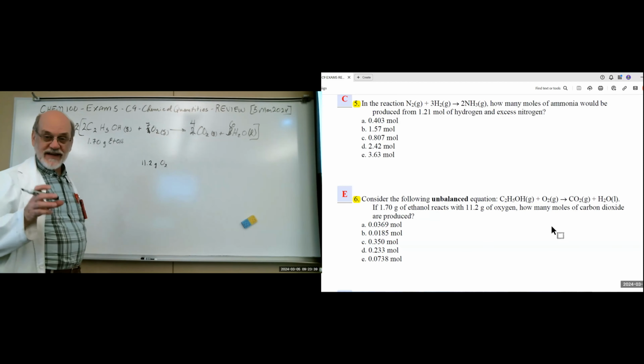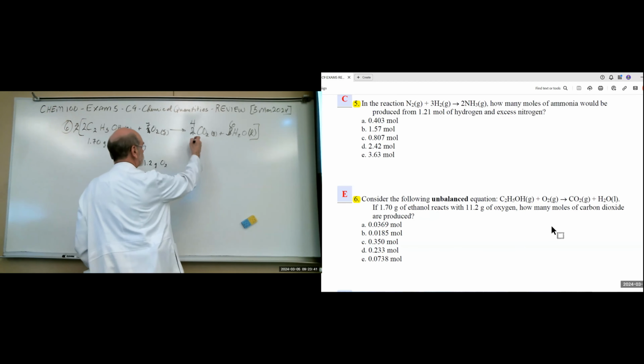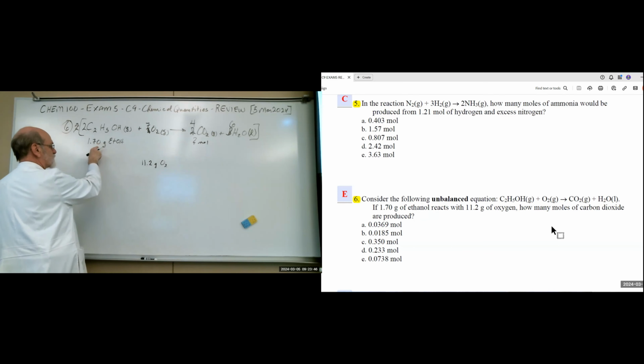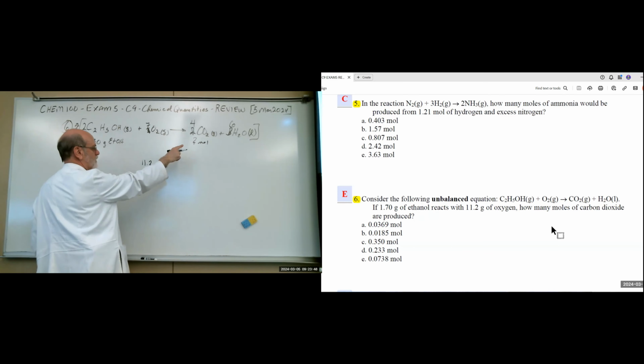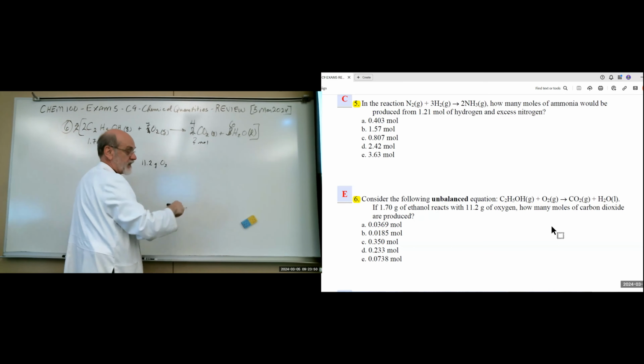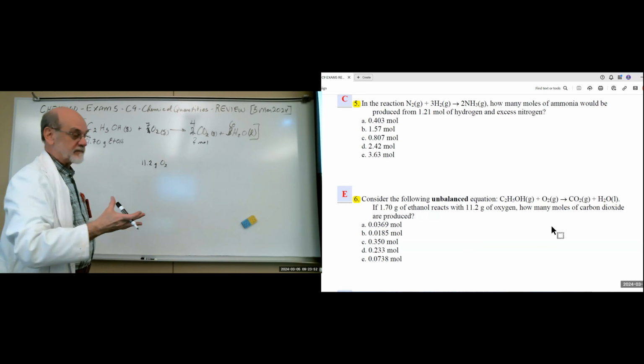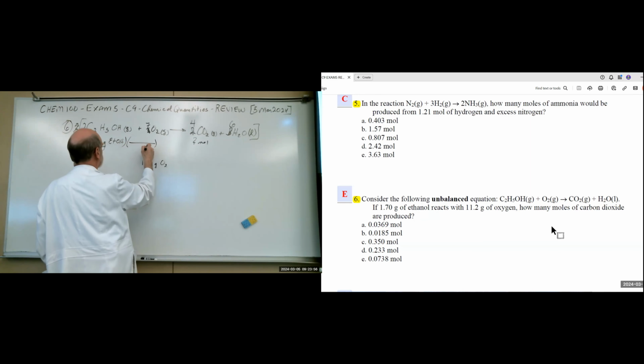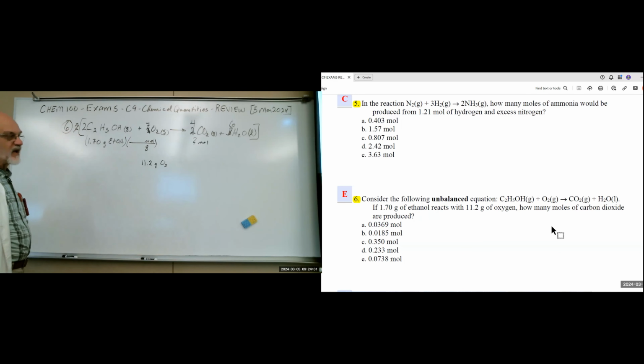And since the question is asking for carbon dioxide, let's convert this to moles and then to carbon dioxide, and this to moles and then to carbon dioxide, and see which one's the least. So what we need here first is molar mass. So what's the molar mass of ethanol?